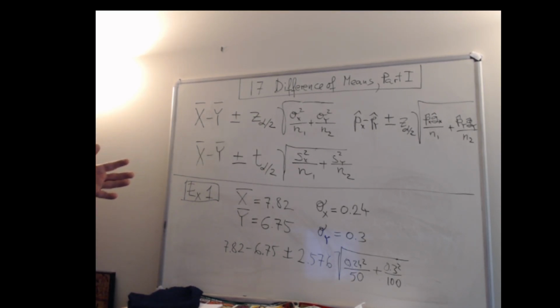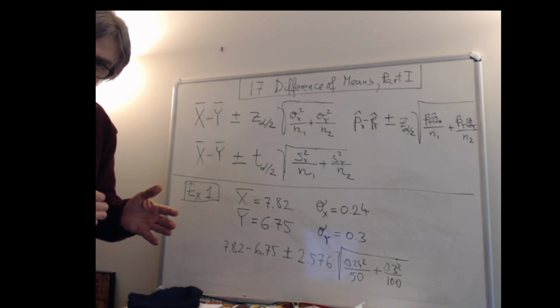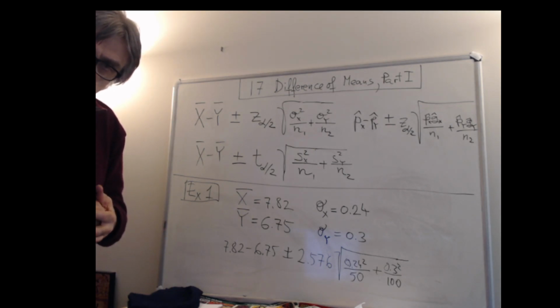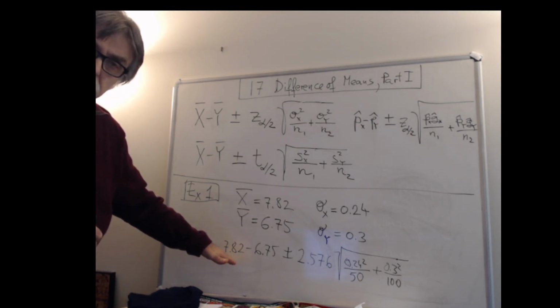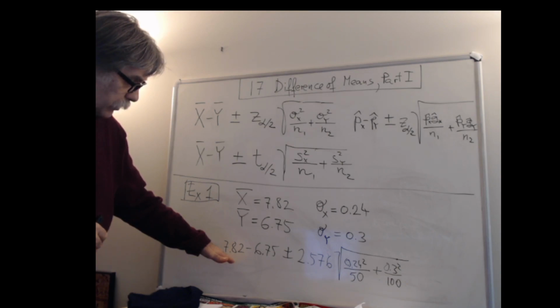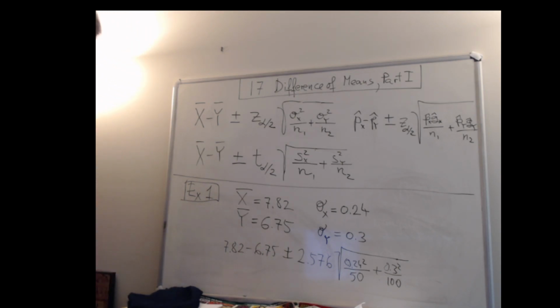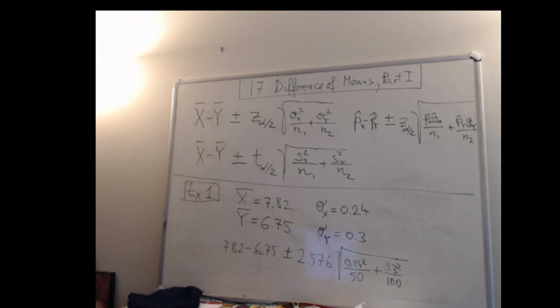I'm estimating the difference of the mean times for those two sleeping pills. How much better is that new sleeping pill? So I'm using the new sleeping pill average here, the old sleeping pill average here. These are the sample averages, but I'm estimating population average.